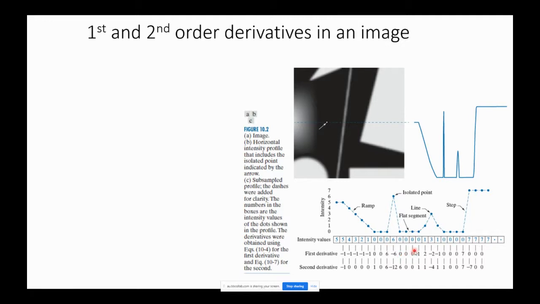If I want to locate a line, I can see something that smoothly changes from one direction and smoothly changes to the other direction. If I want to find a step, I just look for an abrupt change from something constant before to something constant after.